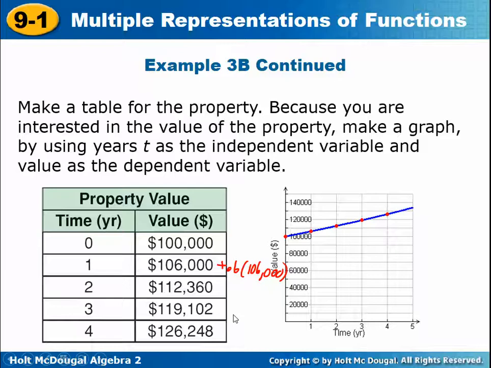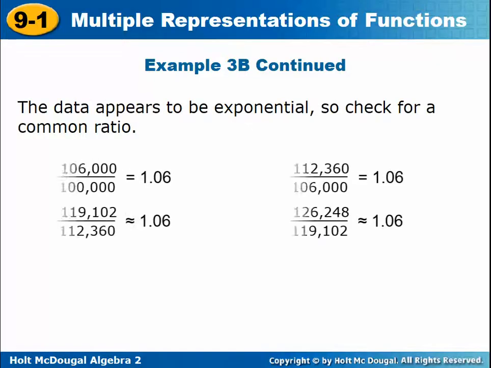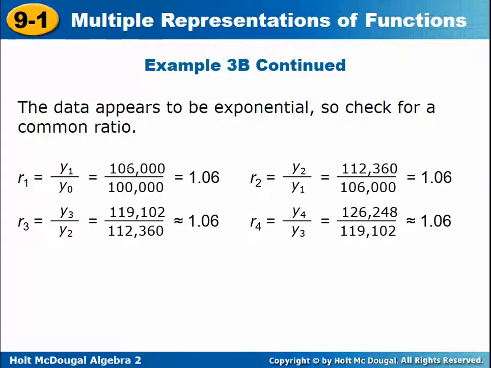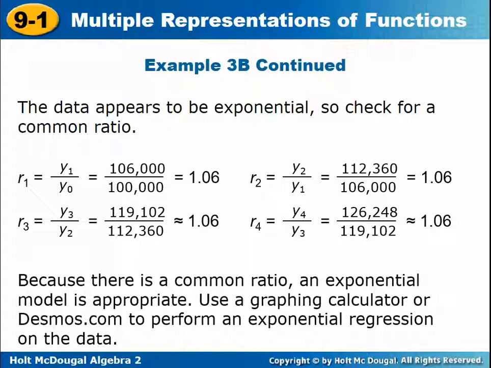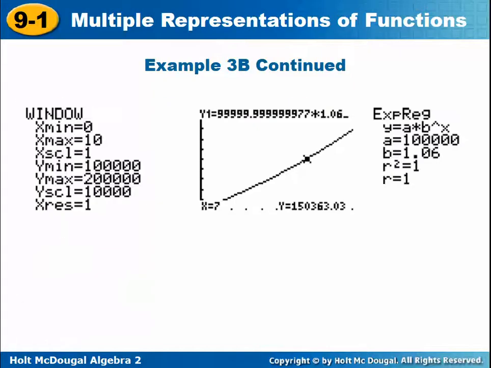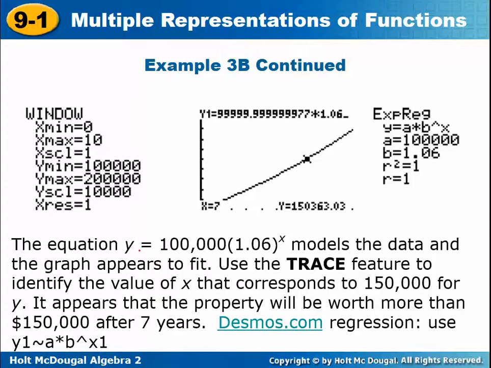The second differences also will not be constant, but if we check for a common ratio, they're taking their amounts and dividing them from the table, and they got 1.06 for all of them. So they have a common ratio. So we'll use an exponential model, and we can use Desmos.com. Here's the Desmos regression model.